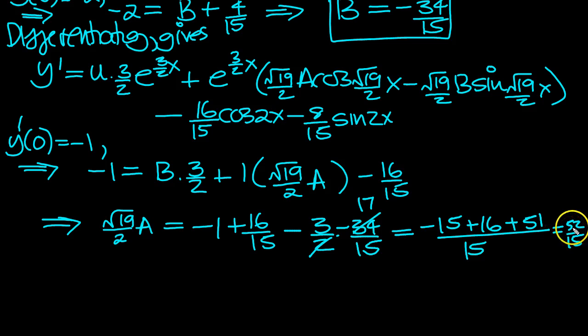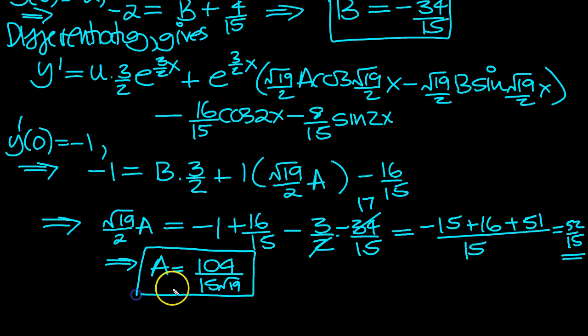3 goes into 15, 3, 8, no it doesn't, so we're okay, 52 over 15. So now we just find out A then. A equals, move the 2 up, so we get 104 over 15 root 19, which I'm going to leave as it is.